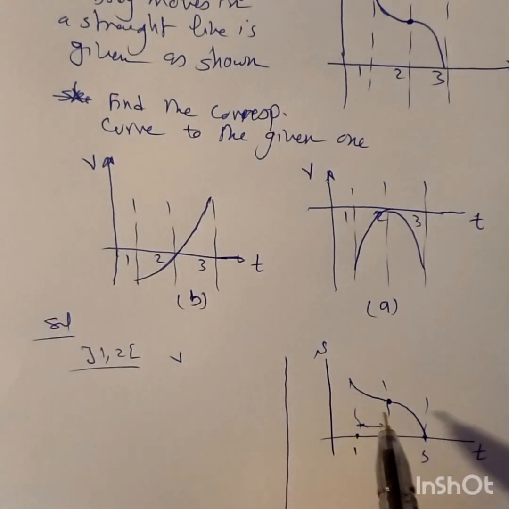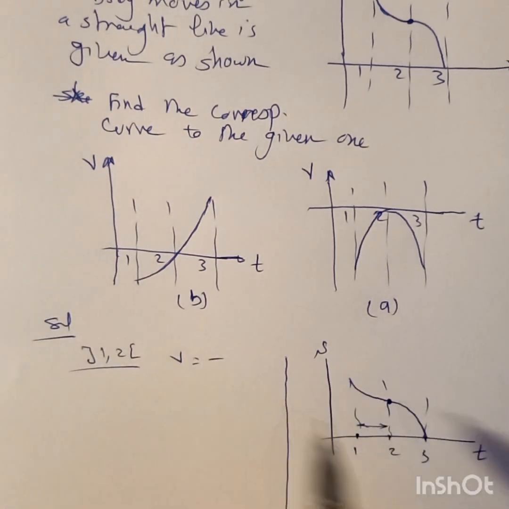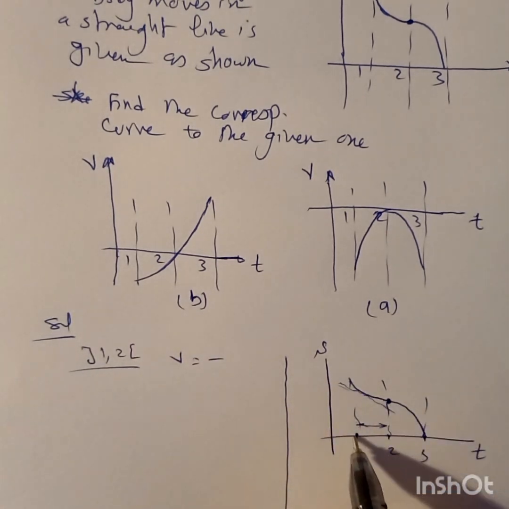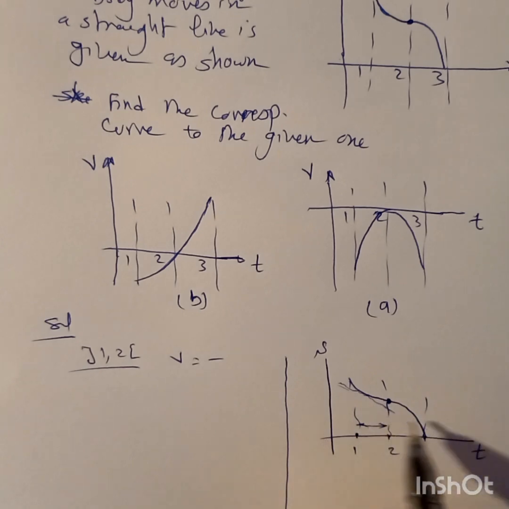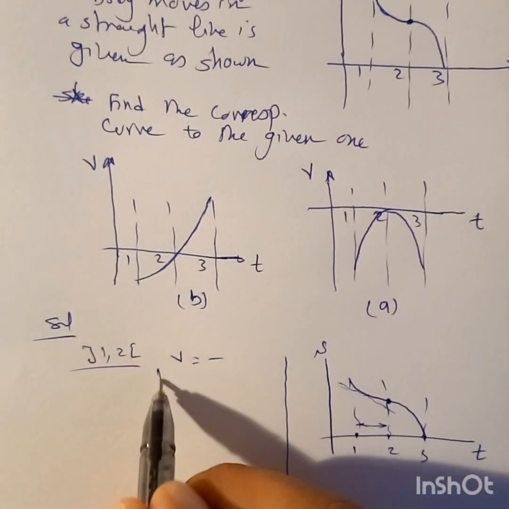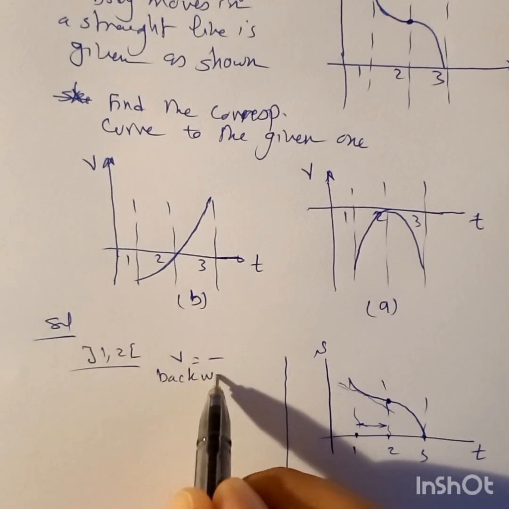The velocity sign of course here is negative, as the slope of this tangent during the time interval from 1 to 2 is negative, as this tangent makes an obtuse angle with the positive direction of the x-axis. Then v is negative, and the motion is in the backward or reverse direction.